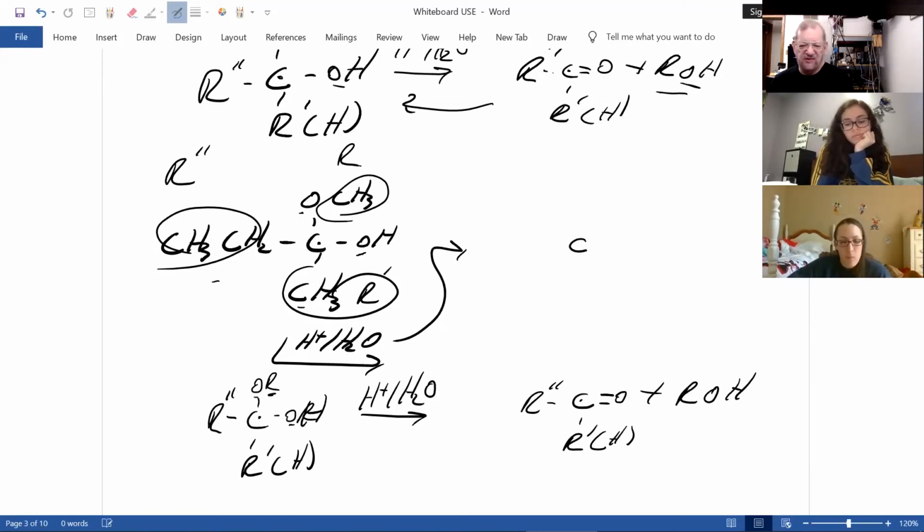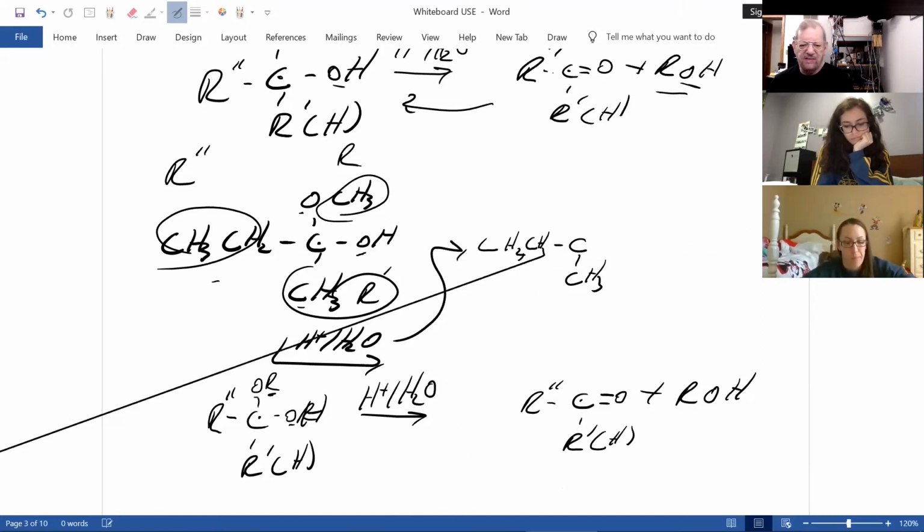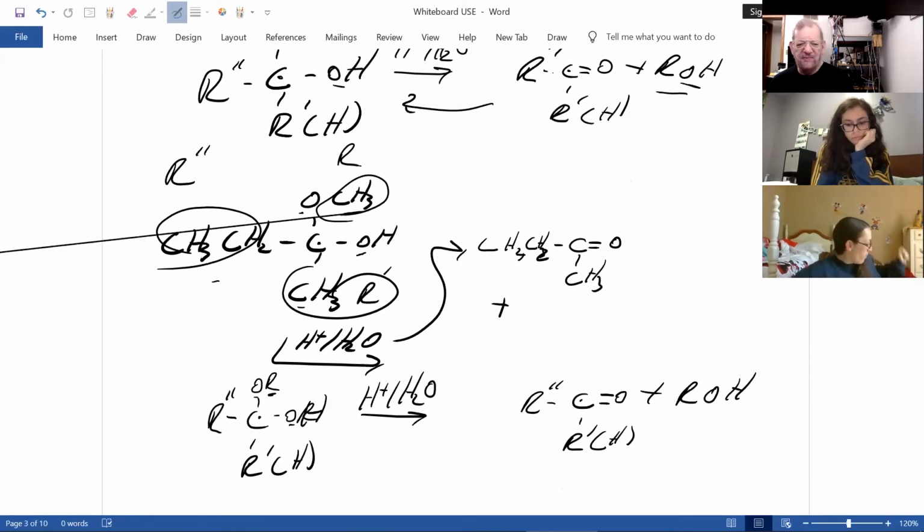What's attached to that? Methyl, R prime, ethyl, are still attached. It's now a ketone. It could have been an aldehyde. And then this R group up here becomes that alcohol. And that's how you do it.